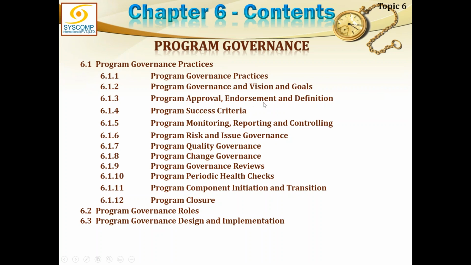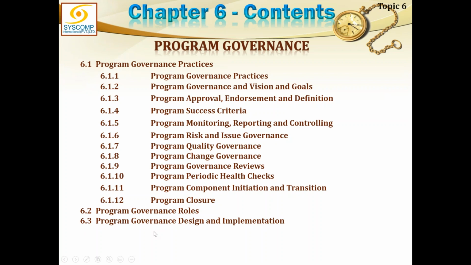Program approval, endorsement, and definition, program success criteria, program monitoring, reporting, and controlling, program risk and issue governance, program quality governance, program change governance, program governance reviews, program periodic health checks, program component initiation and transition, and ultimately program closure. So, governance regarding each and every area which is mentioned here would be discussed.